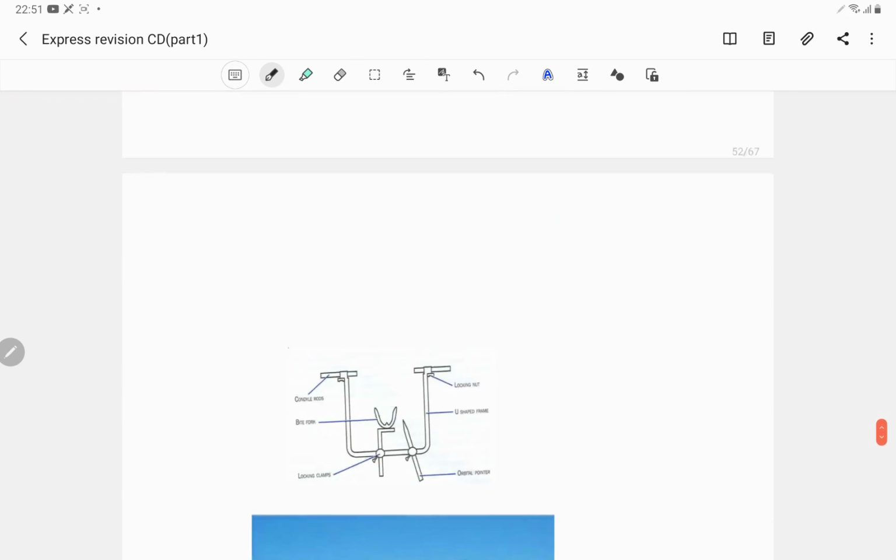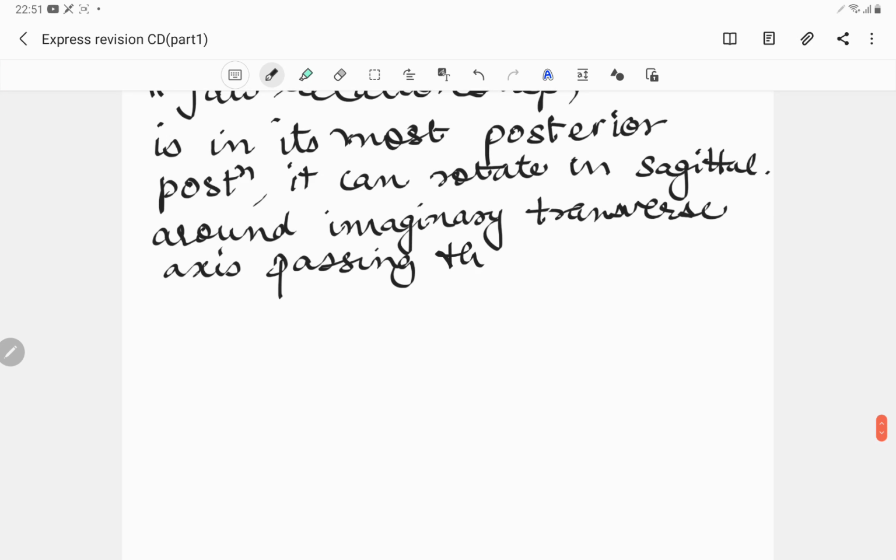So it is the jaw relationship when the mandible is in its most posterior position, and it can rotate in the sagittal plane around the imaginary transverse axis, passing through or near the condyle.